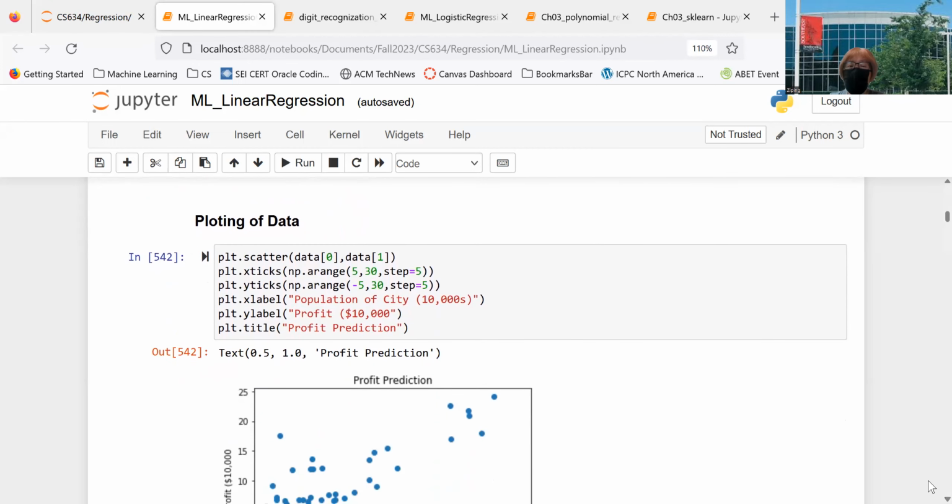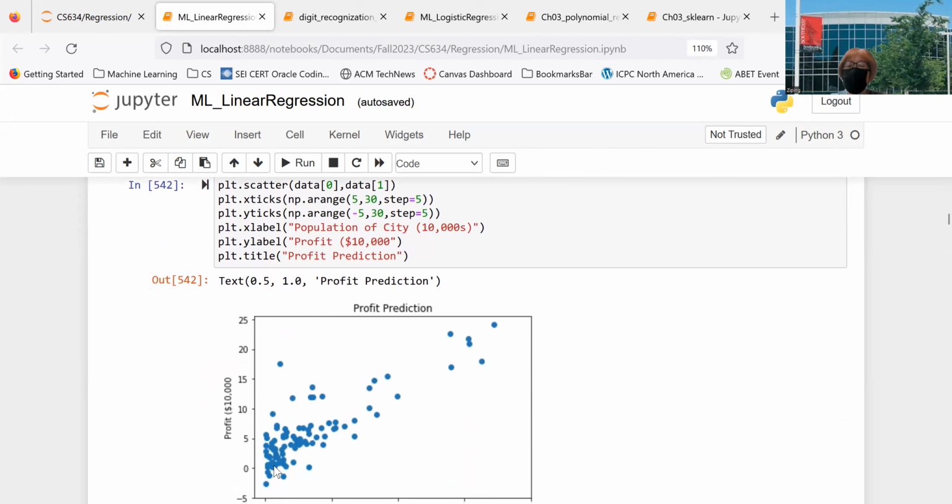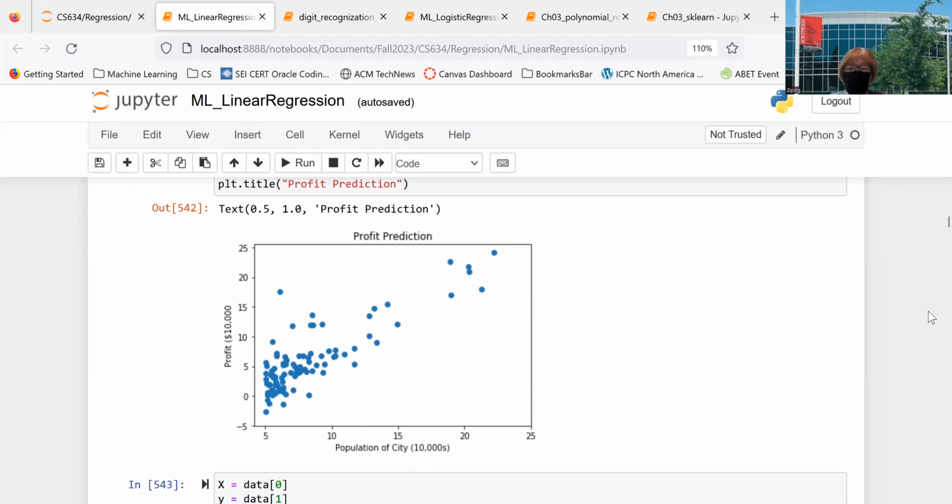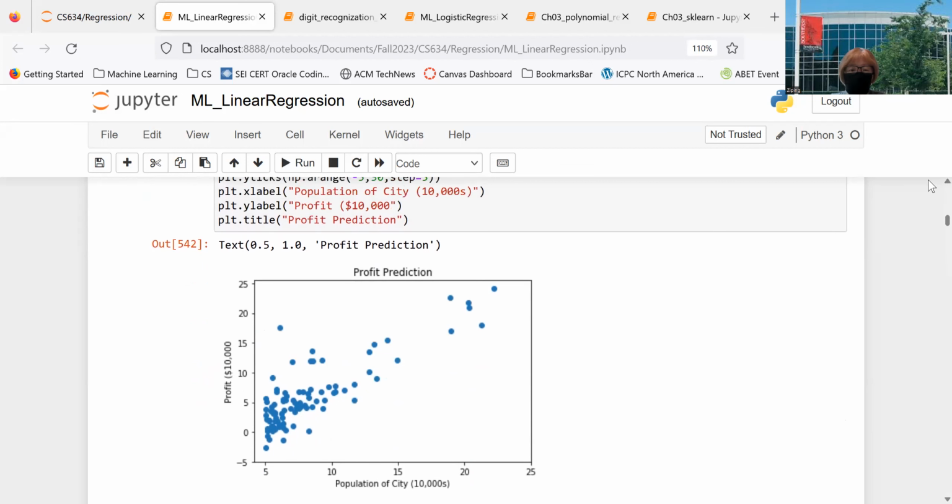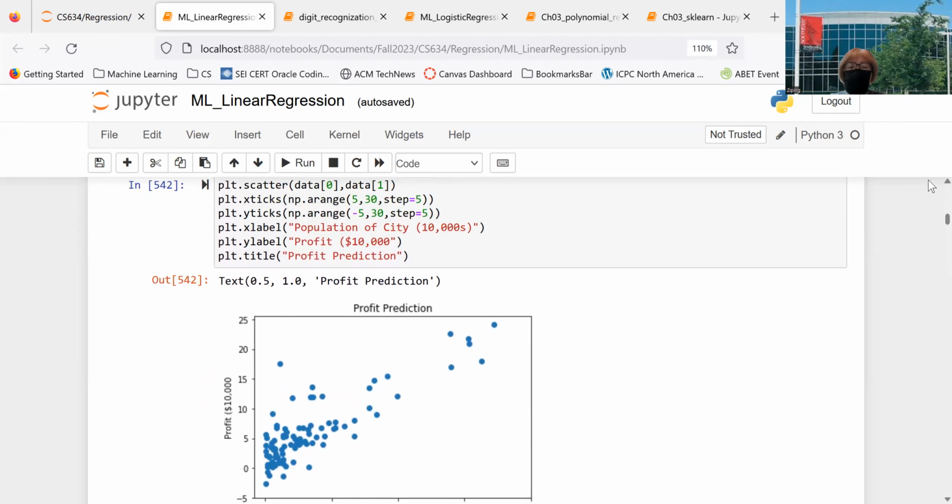And here is the plot of the data. It's regarding population and profit.